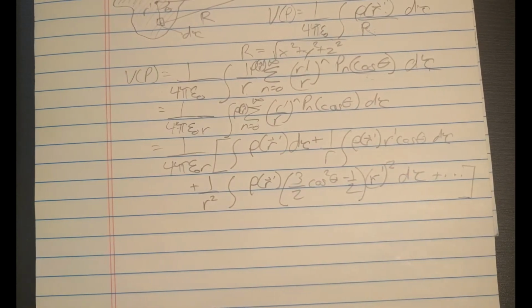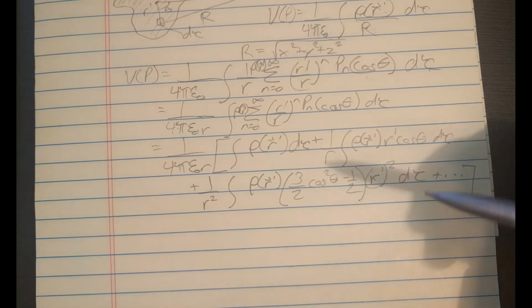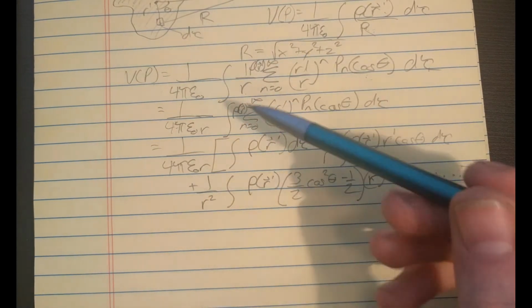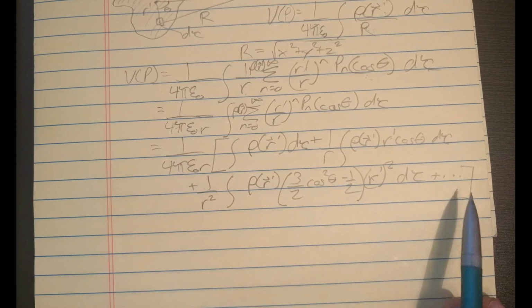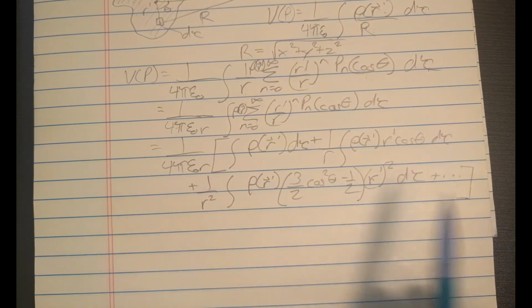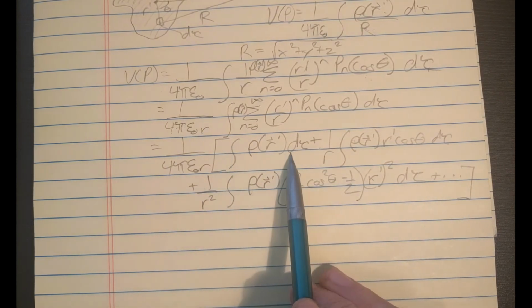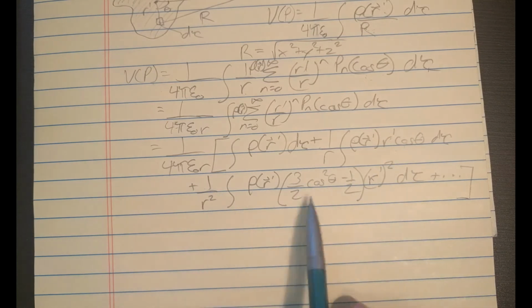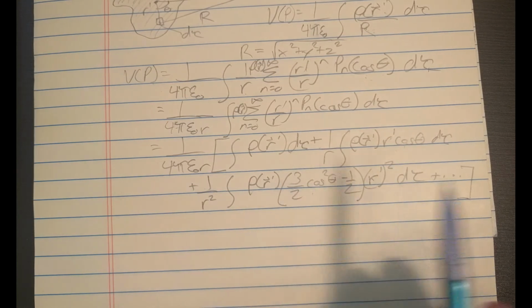So this is pretty much the result we were working towards the whole video. The potential due to any charge distribution is going to equal this stuff right here. And the first part is the monopole term, and the second term is the dipole term, third term is the quadrupole term, so on and so forth.